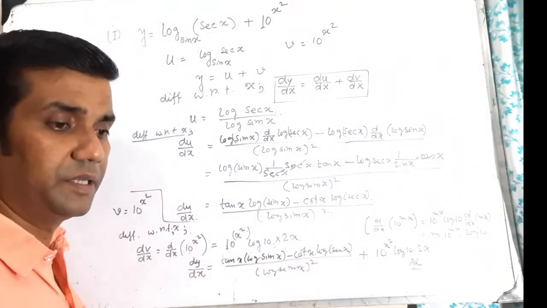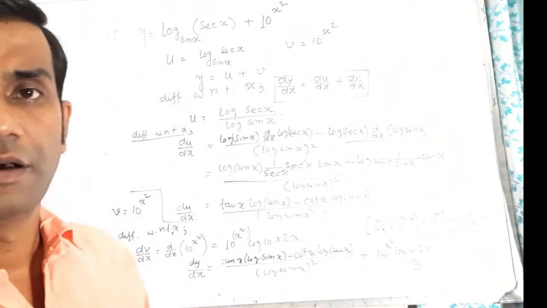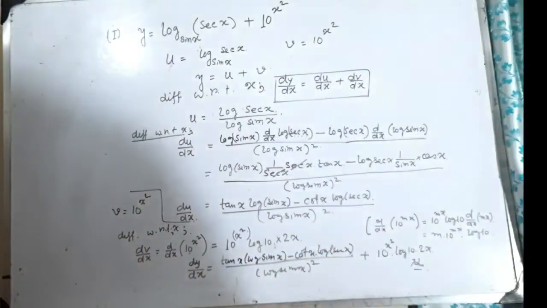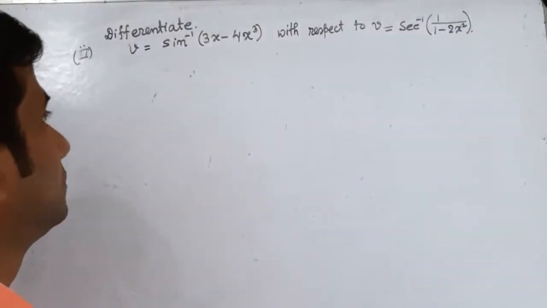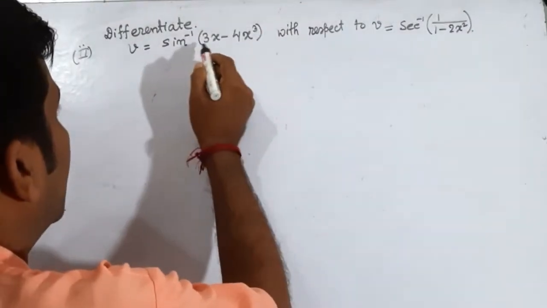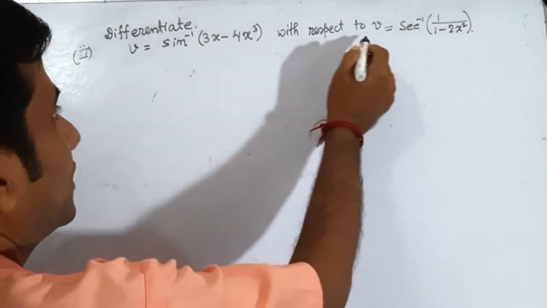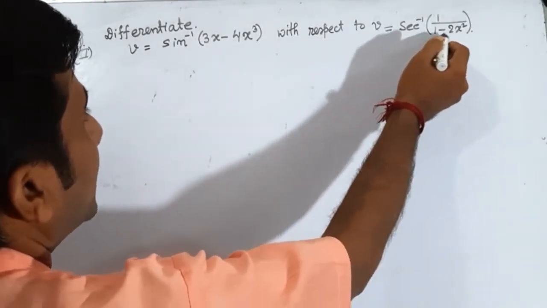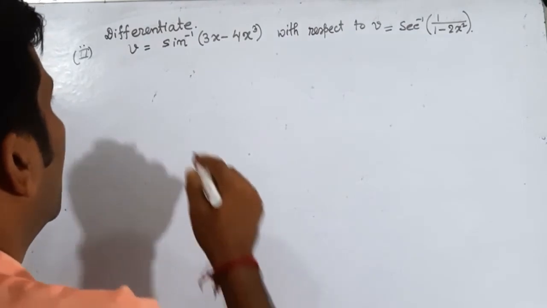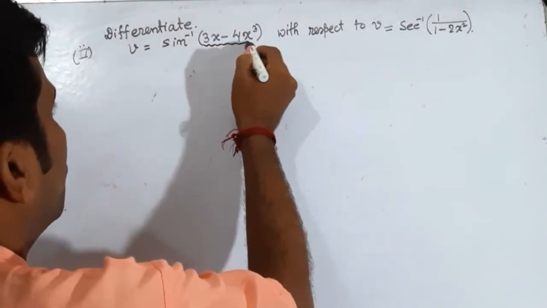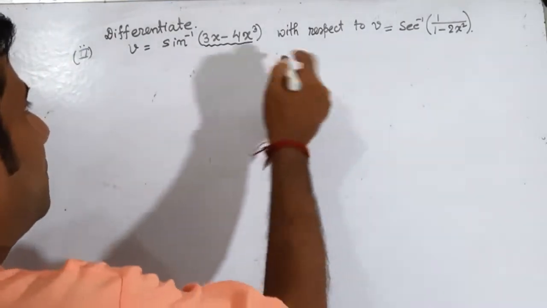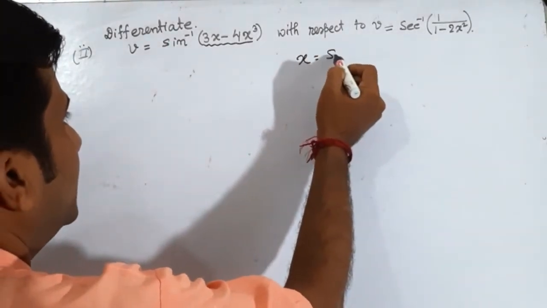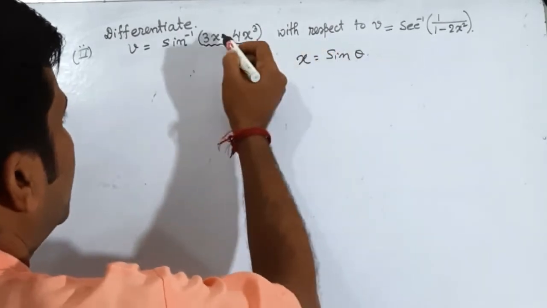Now our next problem is: u is equal to sin inverse of 3x minus 4x cube with respect to v is equal to sec inverse of 1 by 1 minus 2x square. You know the form 3x minus 4x cube means if we put x is equal to sin theta, then it becomes sin 3 theta.